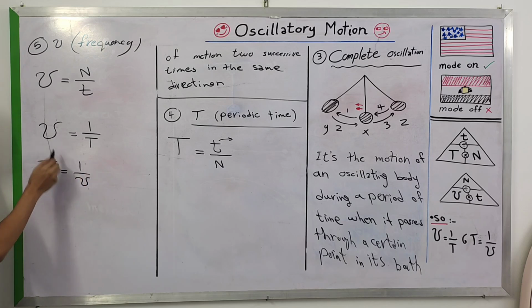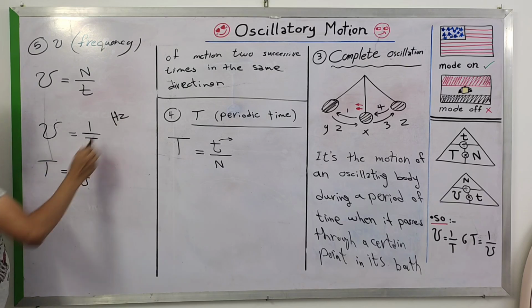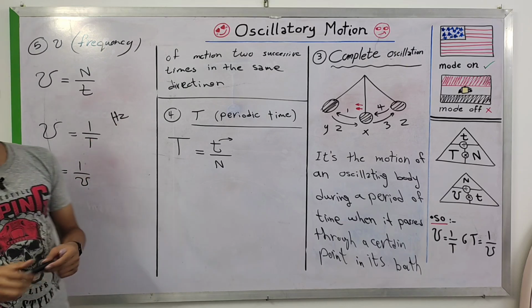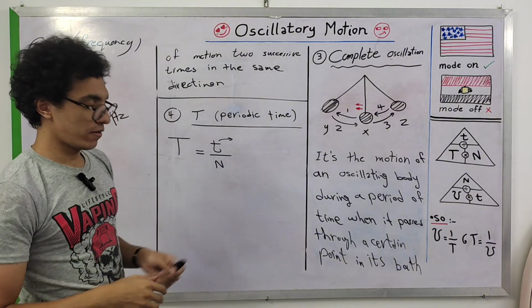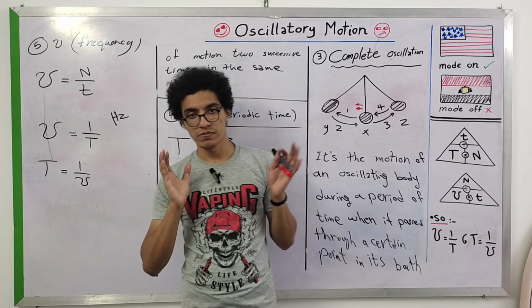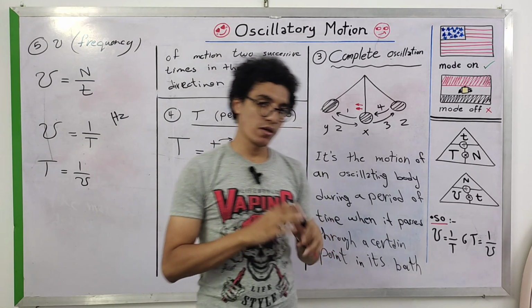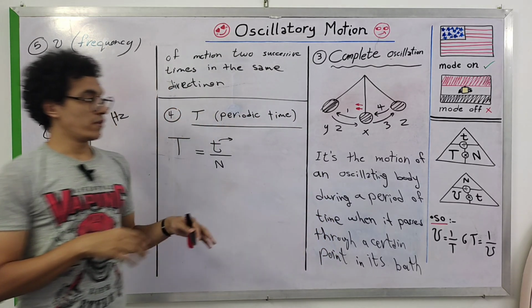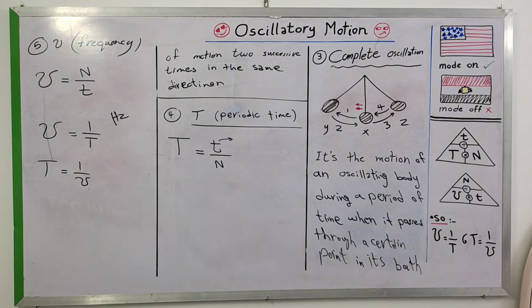Frequency is measured in hertz, and periodic time is measured in seconds. Okay, those are the basic concepts of oscillatory motion. We will solve one problem and end the video. I will pause the video and continue with the problem.